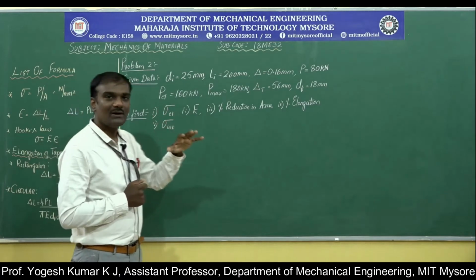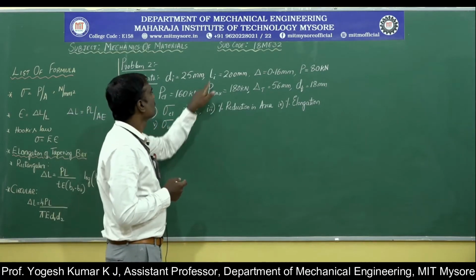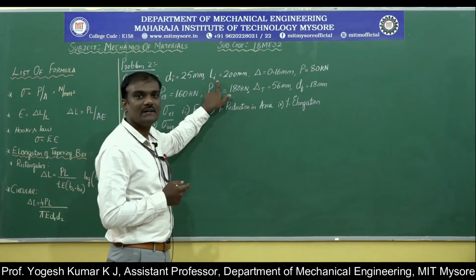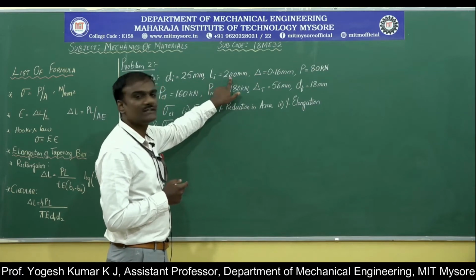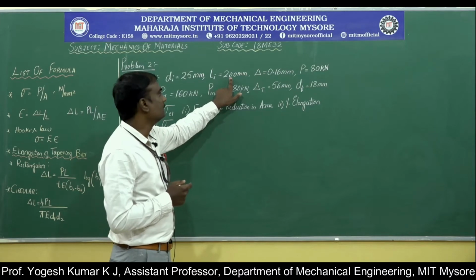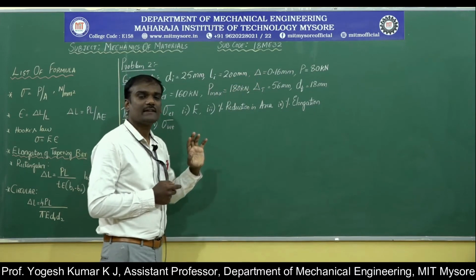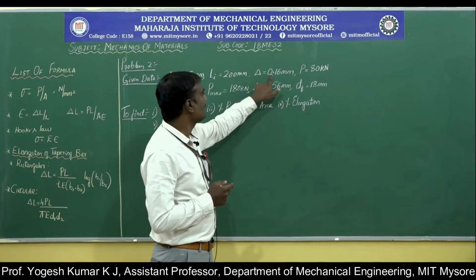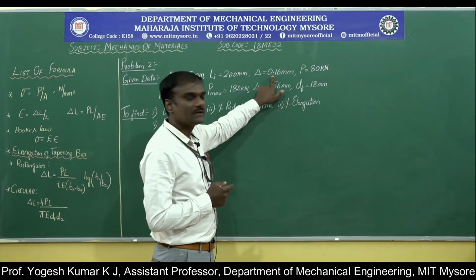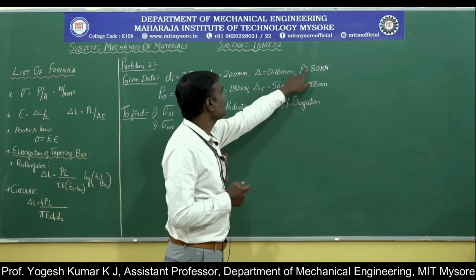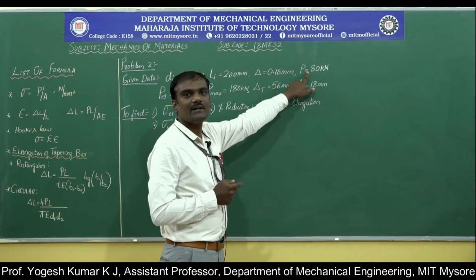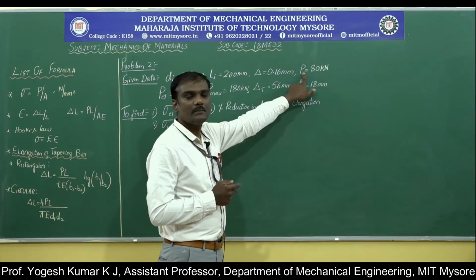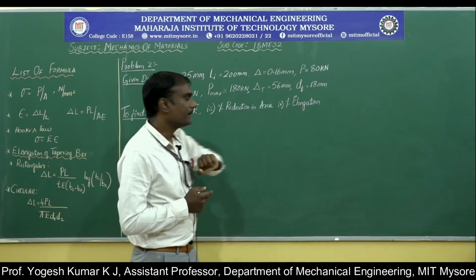So, length is given by L, i designates it is an initial length, and the length given to us is 200 mm. Extension or elongation is generally denoted with delta and the value given to us is 0.16 mm, and the load acting at the corresponding time is 80 kilonewton. For the load we have the letter P equals 80 kilonewton.